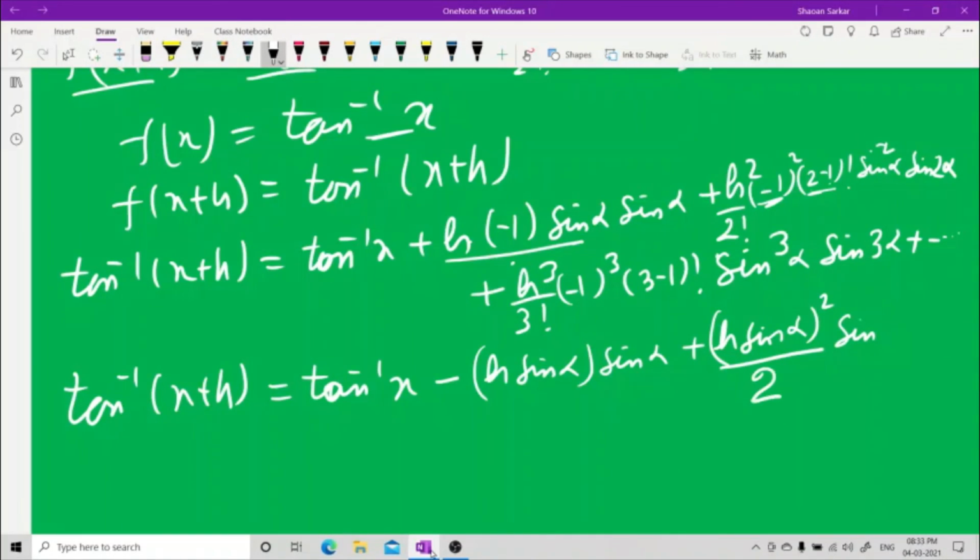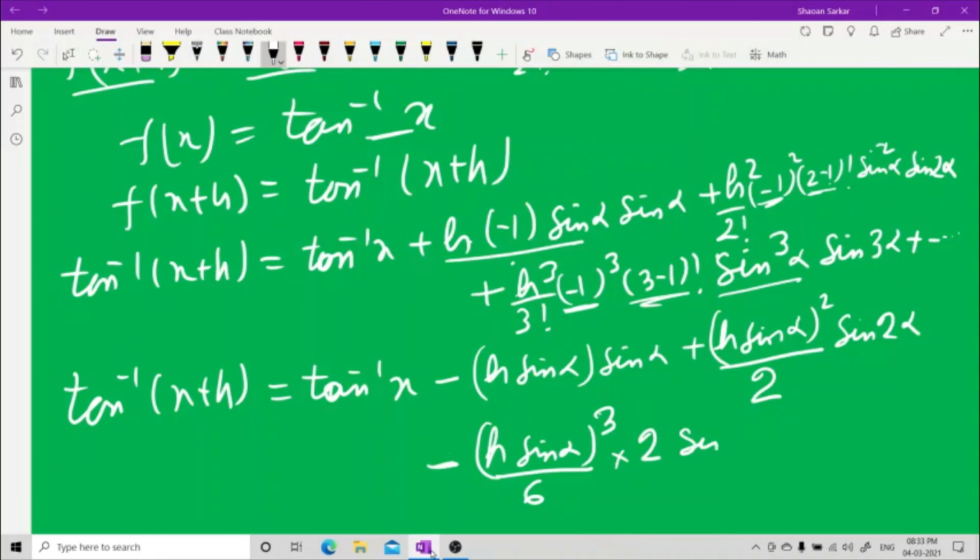Sin alpha, sin 2 alpha, plus, and this is minus 1 whole cube, minus h cube and sin cube alpha upon 3 factorial, which is 6, and from here 2 factorial is 2, sin 3 alpha, plus so and so forth.